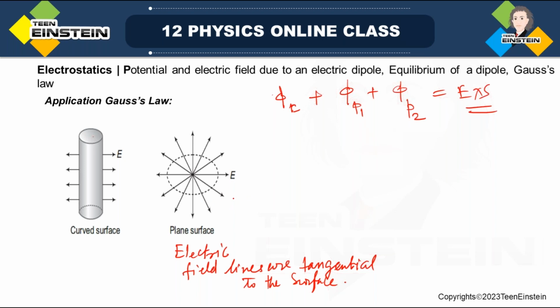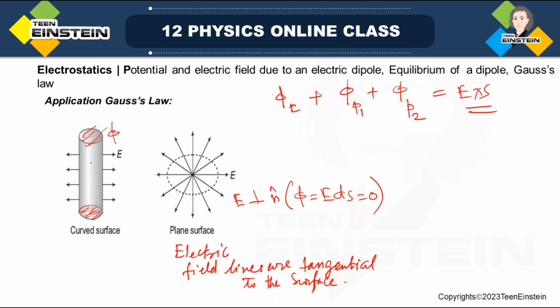That means the angle between E and n cap is 90 degrees, so what is the flux here? Flux will be E ds, which will be 0. Flux due to these plane surfaces will be 0, because the electric field is becoming tangential to these surfaces.